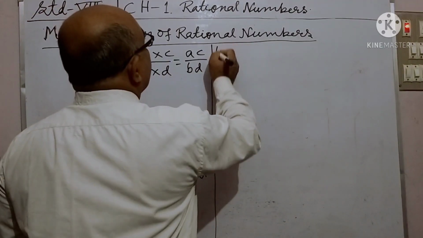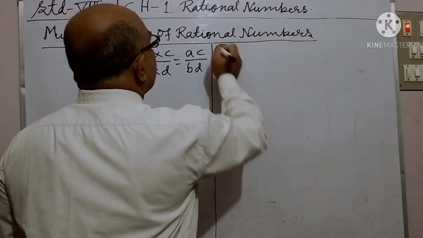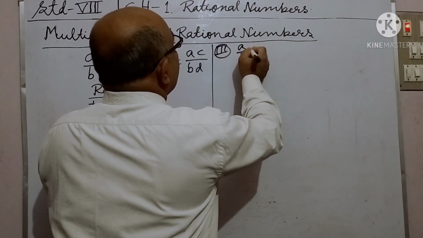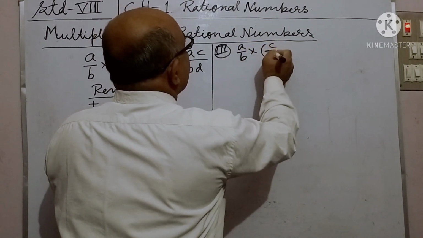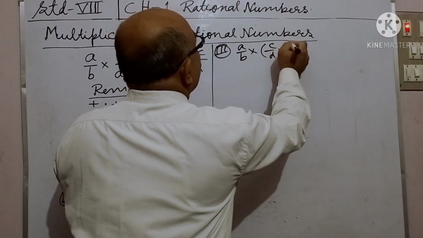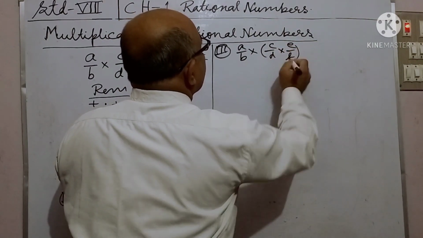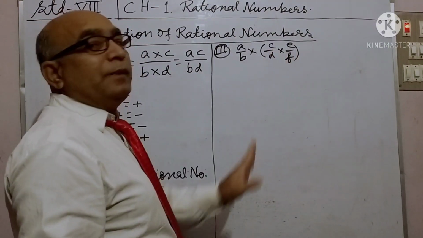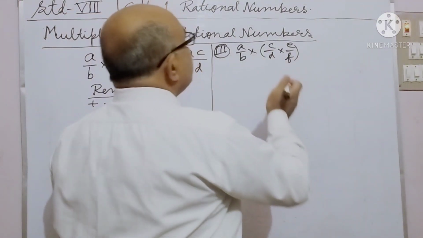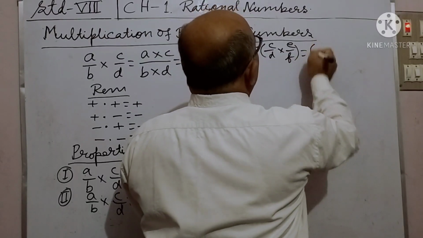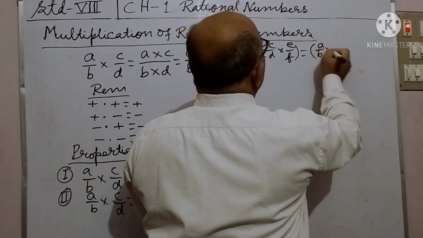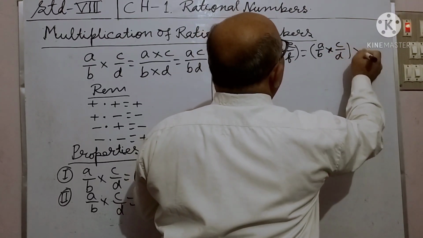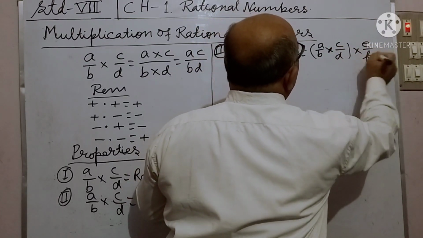Now the third property is the associative law: a by b into c by d into e by f. A by b outside the bracket and c by d into e by f in the bracket, equal to a by b into c by d in the bracket and e by f outside the bracket.